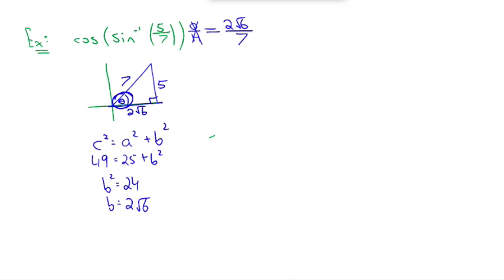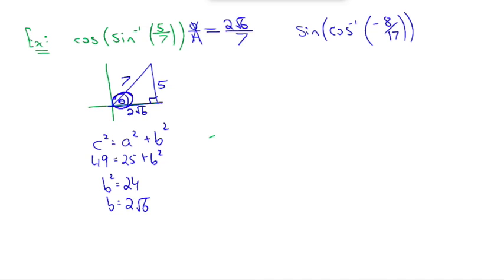All right, how about sine of cosine inverse of negative 8/17? Isn't it going to be 15? I think, if I remember right. So, what do I do first?